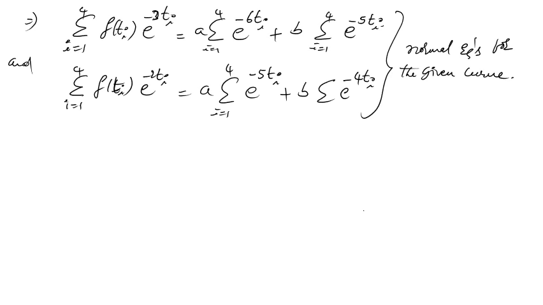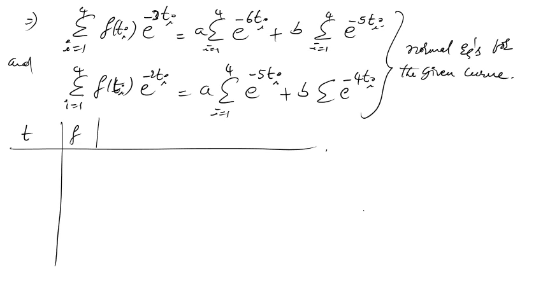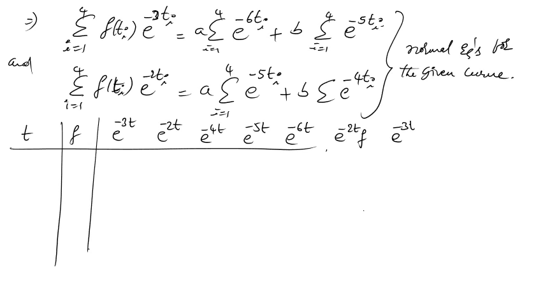Now let us find all these values using a table, substituting the t values. If I want to find f of t, the required values are e to the power of minus 3t, e to the power of minus 2t, e to the power of minus 4t, minus 5t, and minus 6t. All these values are required, and also e to the power of minus 2t into f and e to the power of minus 3t into f.